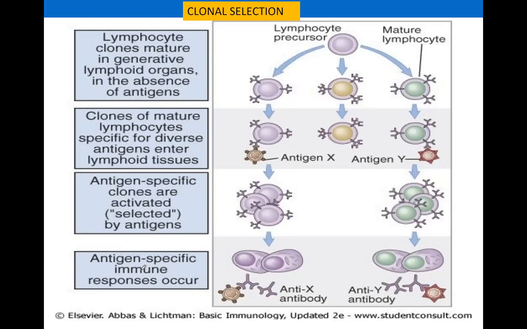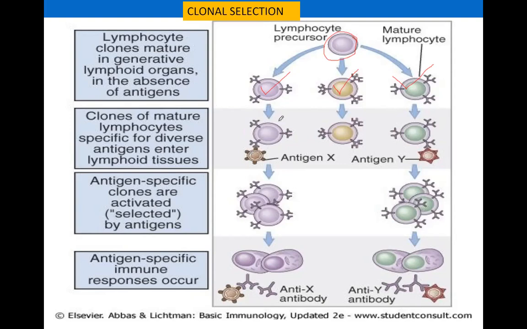In this illustration, this is the lymphocyte precursor. This is a mature lymphocyte, another lymphocyte, and another lymphocyte. These lymphocyte clones mature in generative lymphoid organs, either in your bone marrow or your thymus, in the absence of antigens. Wala pang antigens, meron nang clonal of your T lymphocytes. What does it do?